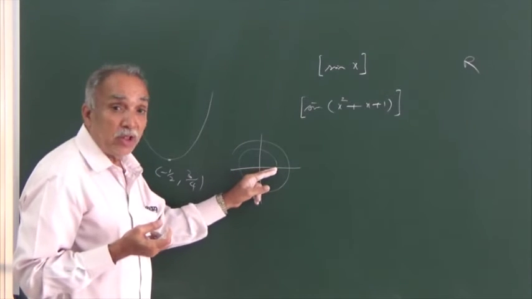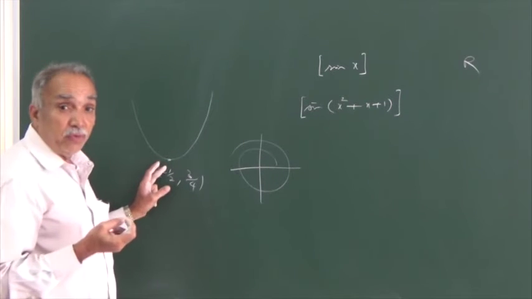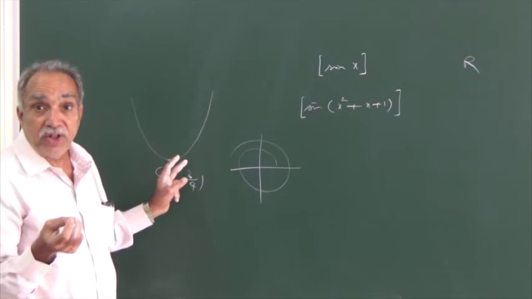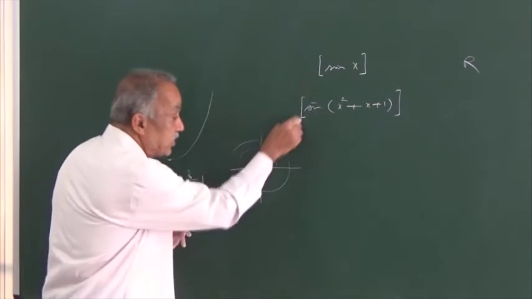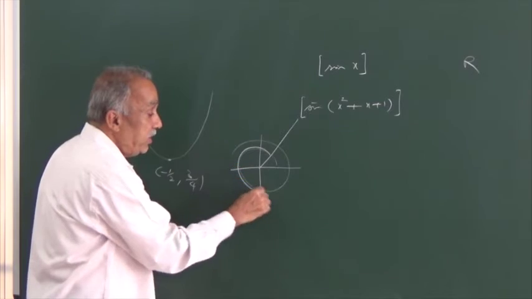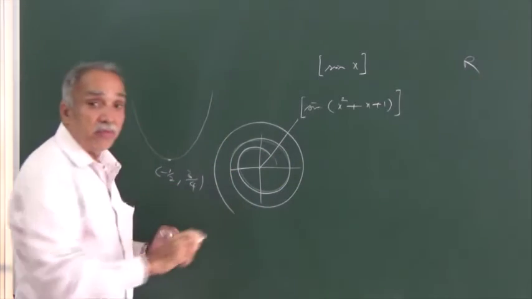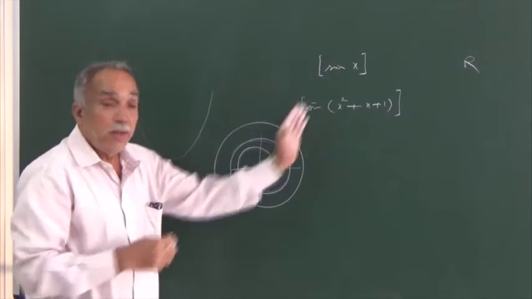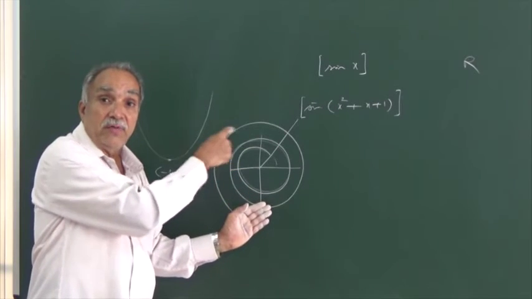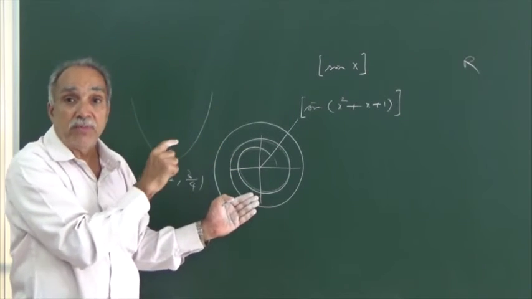At least once will get covered. The starting point now may not be 0, the starting point is 3 by 4. By 3 by 4, I do not mean 3 by 4 degrees, I mean 3 by 4 radians somewhere here, it does not matter. All values greater than 3 by 4 are covered, and every value greater than 3 by 4 is covered by this function, which means every quadrant is covered, not once, many more times, an infinite number of times.